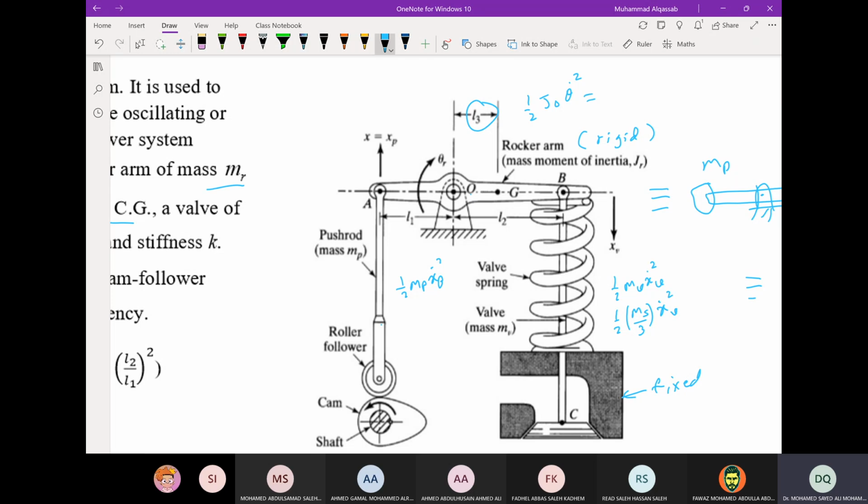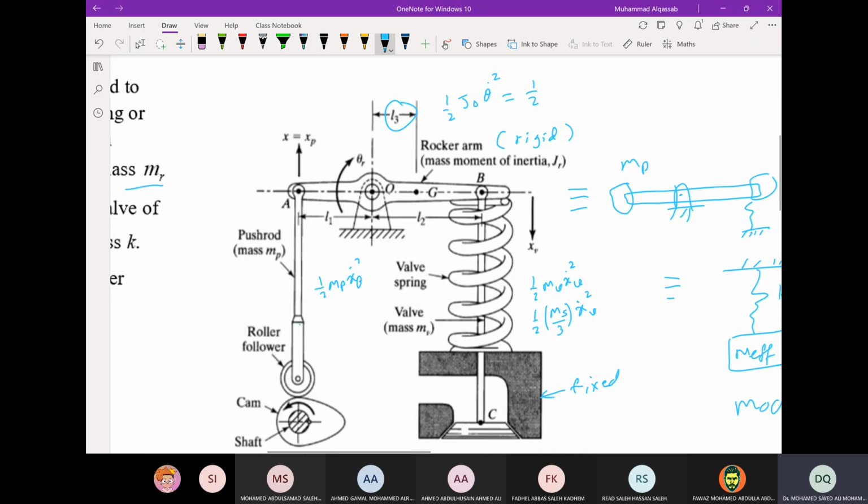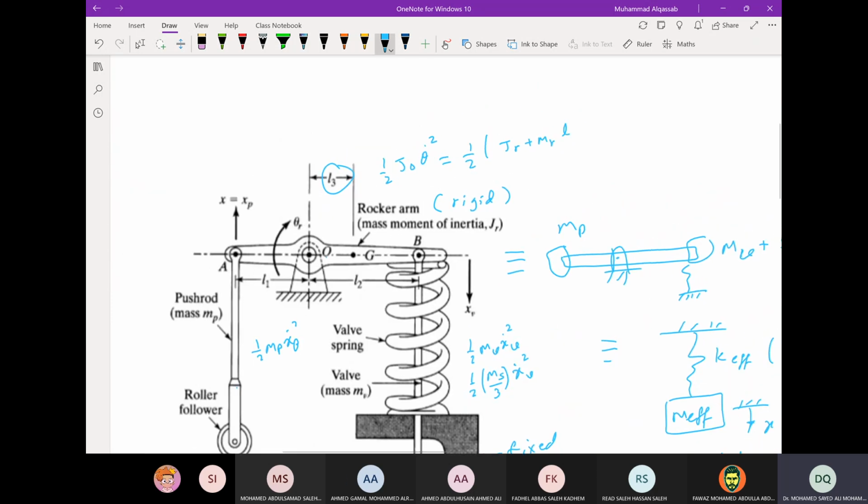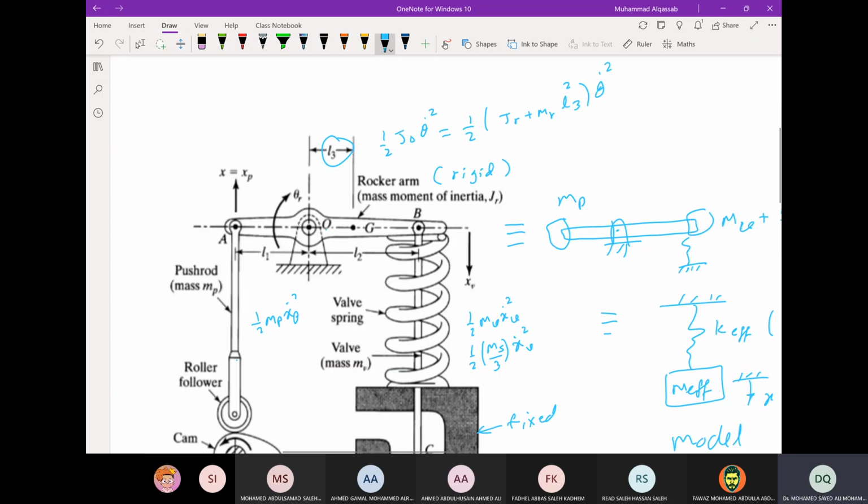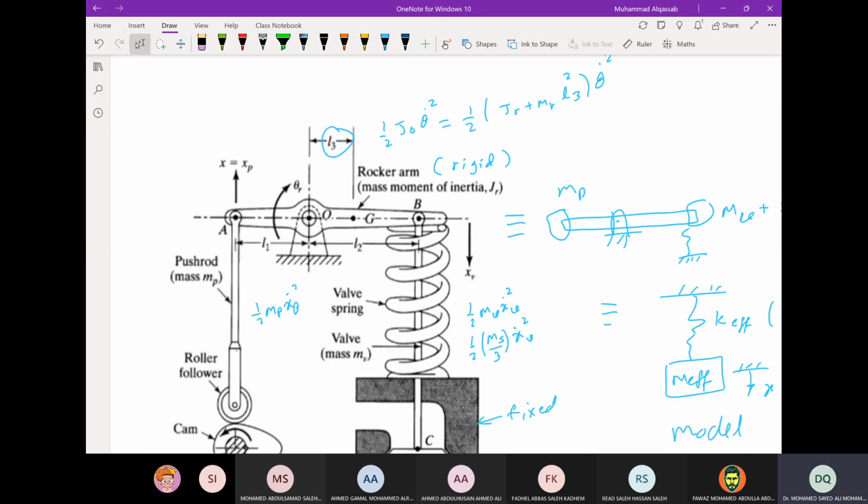So JO is obtained by using the parallel axis theorem, which is JR plus MR times L3 squared. This is JO, theta dot squared. So those are all the kinetic energies in the system. Of course, the cam is not part of the oscillatory system, so we don't include that.